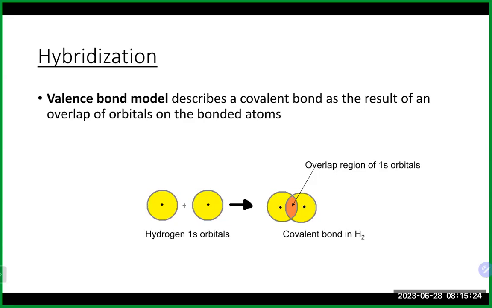So valence bond theory describes, as we talked about, the idea of a covalent bond as a result of overlapping of orbitals in bonded atoms. In this overlapping region, this is where we would expect the electrons to be shared between the two nuclei, and that makes our covalent bond.